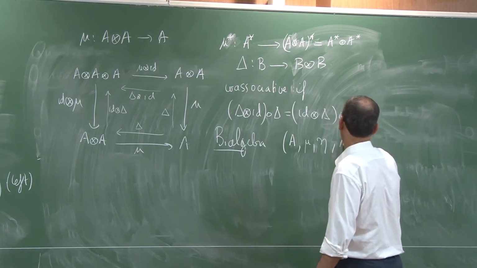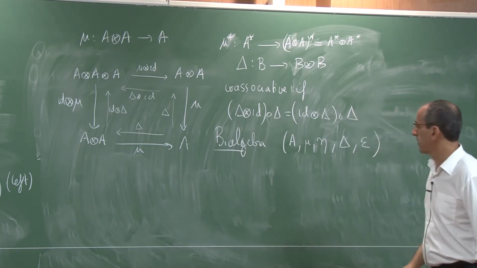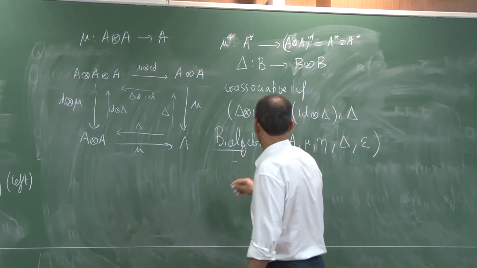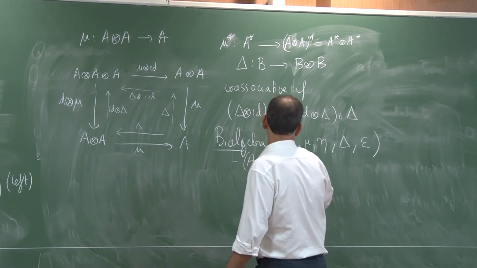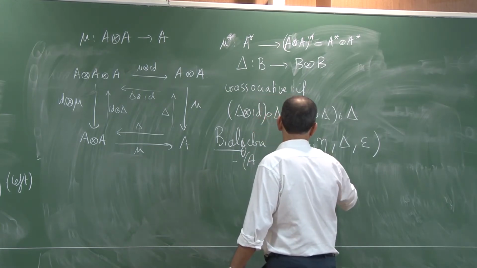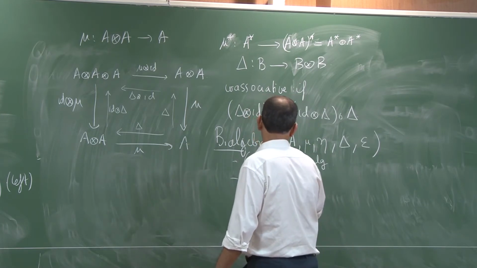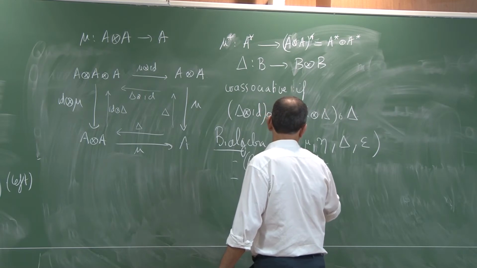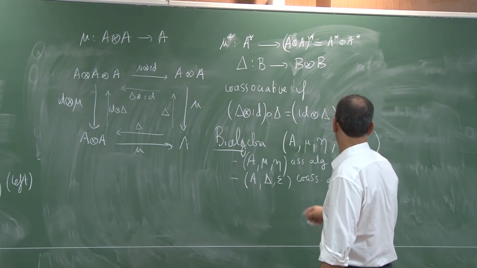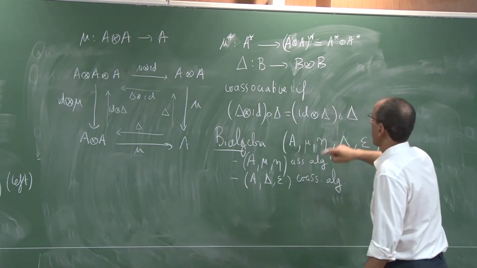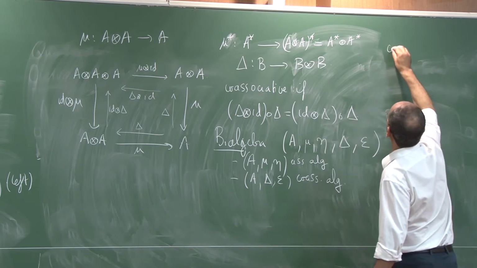And a co-multiplication delta and a co-unit epsilon, in which A with mu and eta is an associative algebra, and A with delta and epsilon is a co-associative algebra, and the co-unit. This is the definition of co-associativity and co-unit.